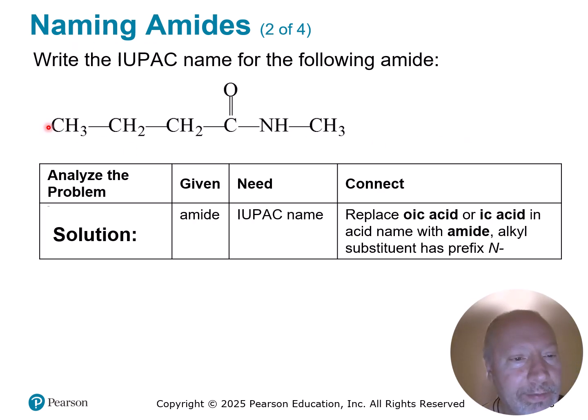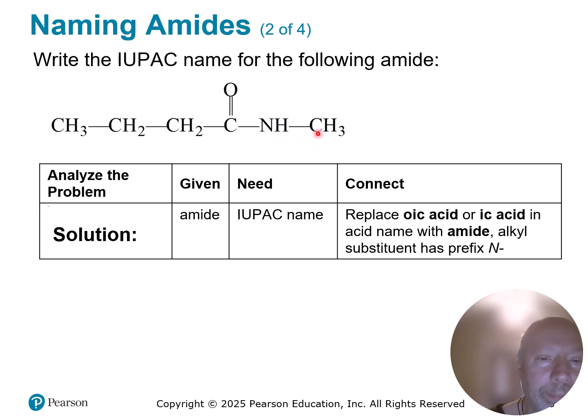Looking at this, we see 3 carbons on this side, 4 carbons with the carbonyl, and then we see NHCH3. So we know it has 4 carbons, and if that's the case, then it probably came from butanoic acid. And then we have this nitrogen, a hydrogen, and a methyl group.